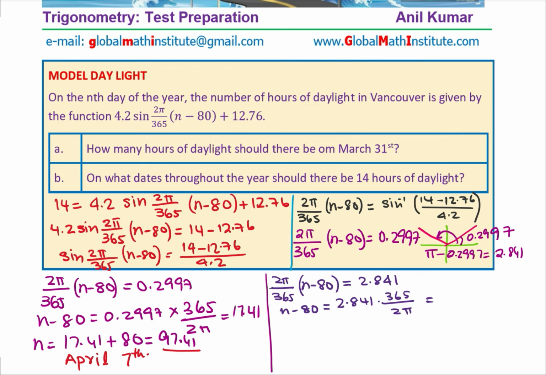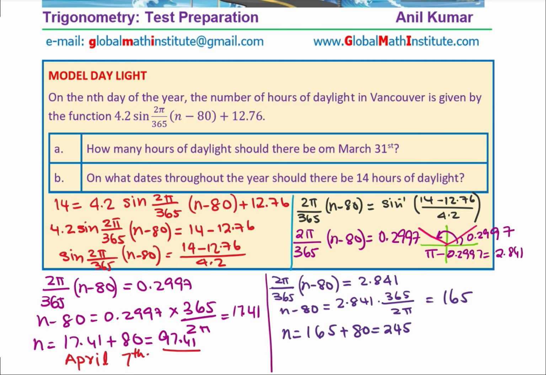So I get this value as 165. Well, that's the whole number. So n is equal to 165 plus 80. We add 80 to this to find the nth day, which comes to 245. It is 0.0 something, which I have ignored.